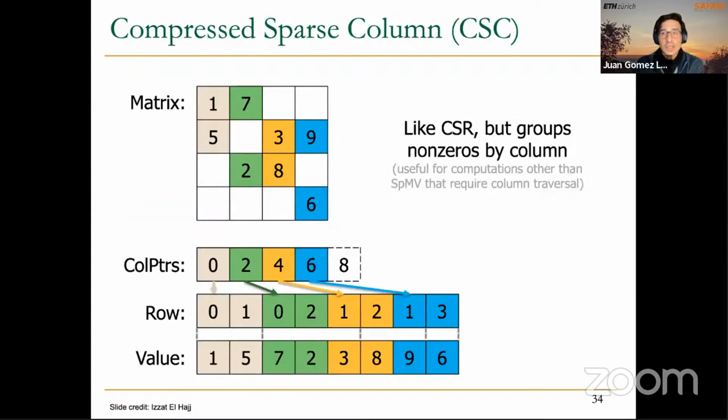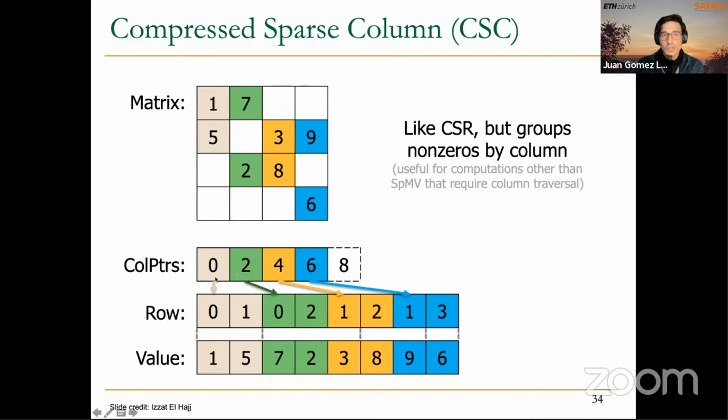But before that, let me also introduce you to the sibling format of CSR, which is CSC. The only difference between CSR and CSC is that instead of having an array of row pointers, we have an array of column pointers. So the idea is the same, but instead of storing the elements by row, we store the elements by column.